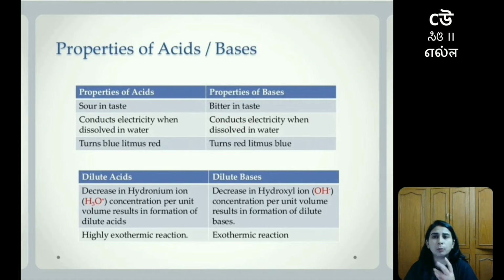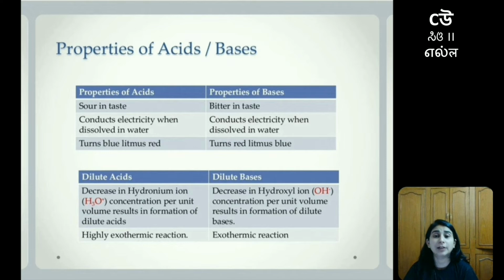Talking about what type of nature they will show, if we are using a litmus paper, it is being said that acid will turn blue litmus paper red while base will turn red litmus paper blue. After this, we are going to cover some properties of dilute acids and dilute bases.